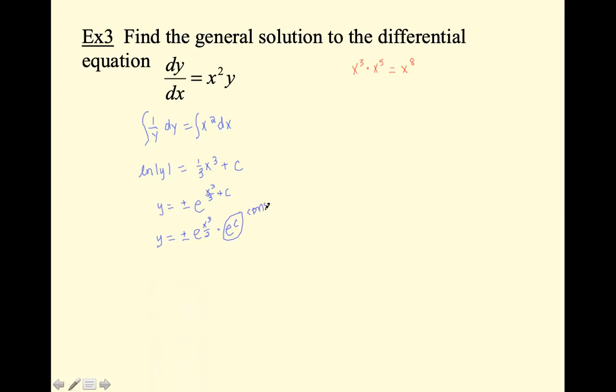This would be the case where maybe you want to call that constant subscripted 2 or something, but it doesn't matter. So now I'm going to take that constant and move it to the front. So my general solution is y equals plus or minus c e to the x cubed over 3. I'm sorry, that last step, that was hard to see. That was a 3, and it's hard to see it was an exponent, right? So that's my general solution.